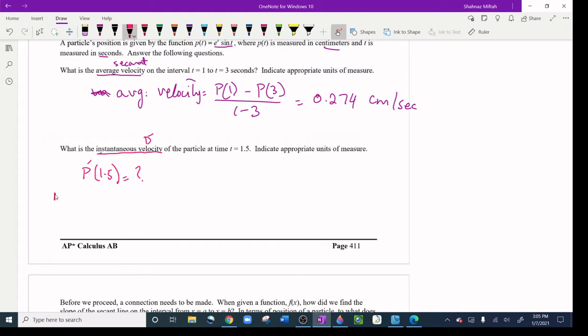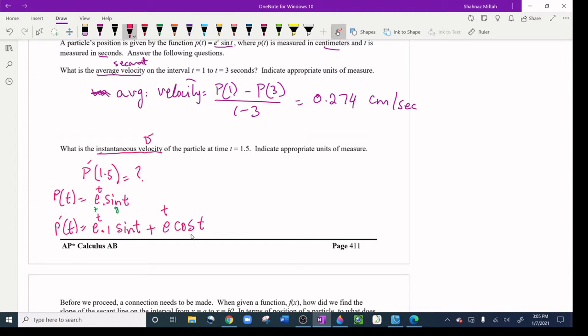So the original function is p of t equals e to the t times sine t. Let's take a derivative of this, and you know that's a product rule. This is f and that's g. P prime t equals the derivative of f, which is e to the t, times the derivative of the top, which is 1, keep the g as it is, which is sine t, plus keep the f as it is and take the derivative of g, which is cosine t.